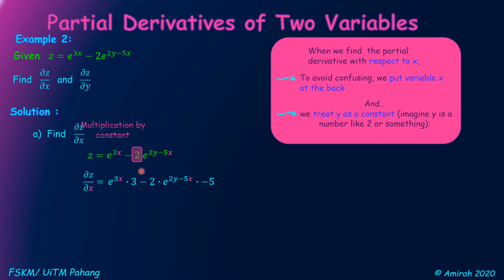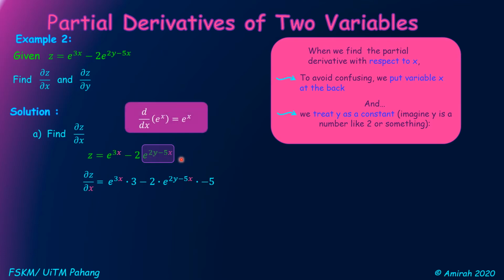Now we have constant 2. This is multiplication by constant. Remember in the last video, when we have multiplication by constant, we just keep the constant in front after we differentiate. Then, when we differentiate e to the power of 2y minus 5x, we can refer to the simple derivative here.